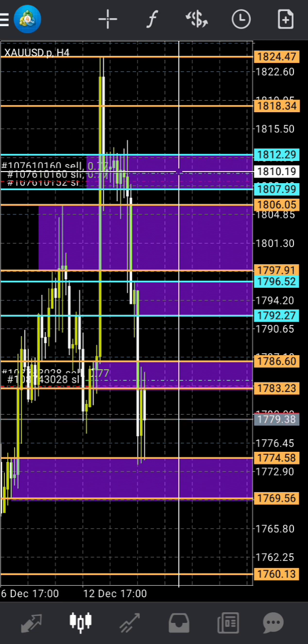Okay, got it? Okay, so if you're using 0.01 lot, you're gonna lose about $10.50 only.